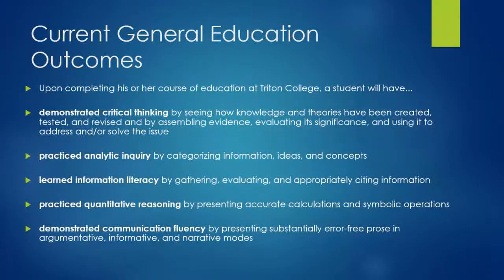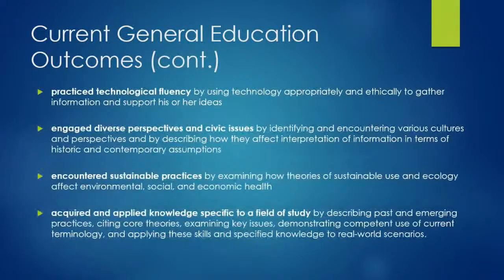And so our current outcomes state that upon completing his or her course of study at Triton, a student will have, and I'm going to read off the abbreviated versions, demonstrated critical thinking, practiced analytic inquiry, learned information literacy, practiced quantitative reasoning, demonstrated communication fluency, practiced technological fluency, engaged diverse perspectives and civic issues, encountered sustainable practices, and acquired and applied knowledge specific to a field of study.